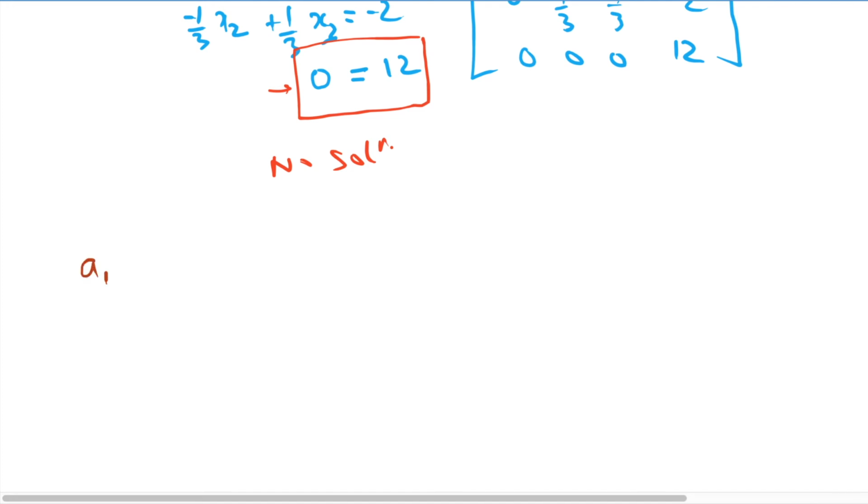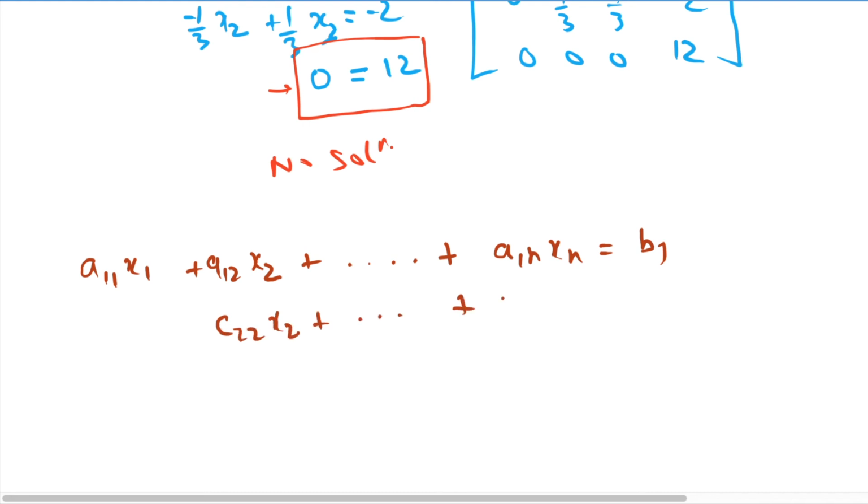General form: a11 x1 plus a12 x2 plus dot dot dot plus a1n xn is equal to b1. And then we will have c22 x2 plus dot dot dot plus c2n xn is equal to b2 tilde. And remember, these coefficients will be different.